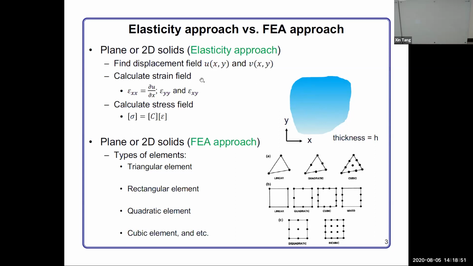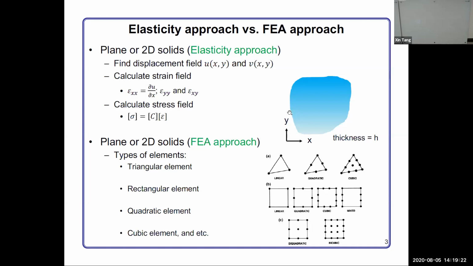Okay? Now, once we have u and v, the displacement field in this solid material, we can calculate the strain field in this solid material. To calculate it, we will have 3 strains because this is a 2D case. We have the epsilon xx. Sigma is the stress, epsilon is the strain.